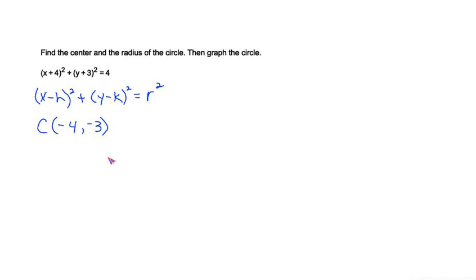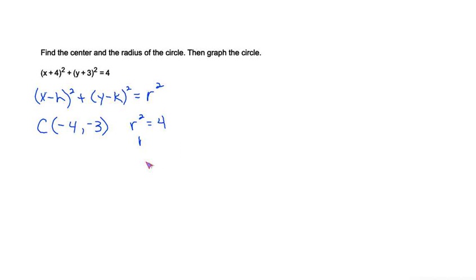Now remember, the signs are going to be opposite from what they are in the equation because of the minus in our formula. So if I substitute back in this part, it would be x minus a negative 4, which gives me my x plus 4, and then of course quantity squared, and so on. So r squared is 4.